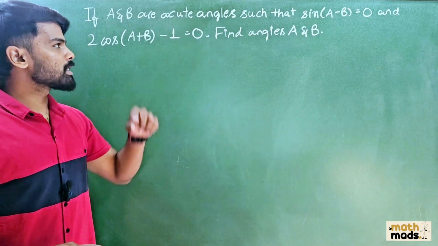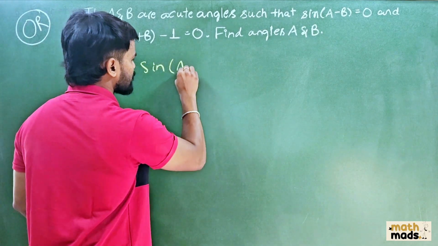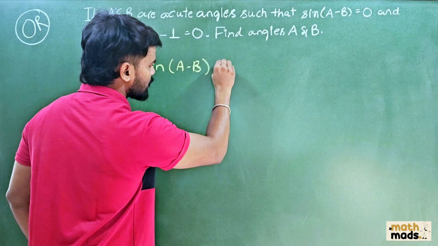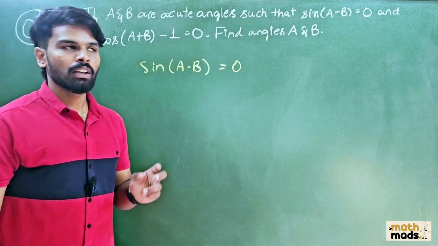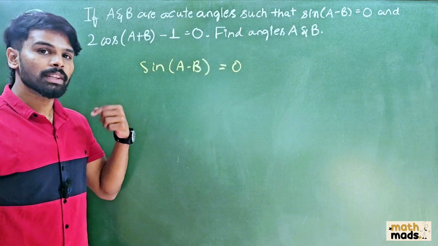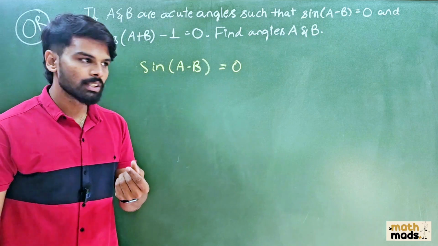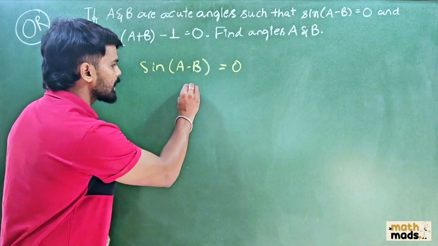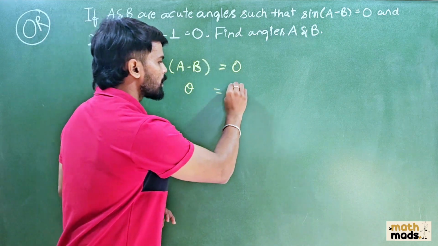Okay. Now, what is the first thing they have given? Sin A minus B. Sin of A minus B is equal to 0. Okay. A and B are acute angles. Now, acute angles, we consider something else also as acute angles. If you remember, sin theta is acute angle. So, if I consider this as theta, okay, can you tell me when sin theta will be equal to 0?